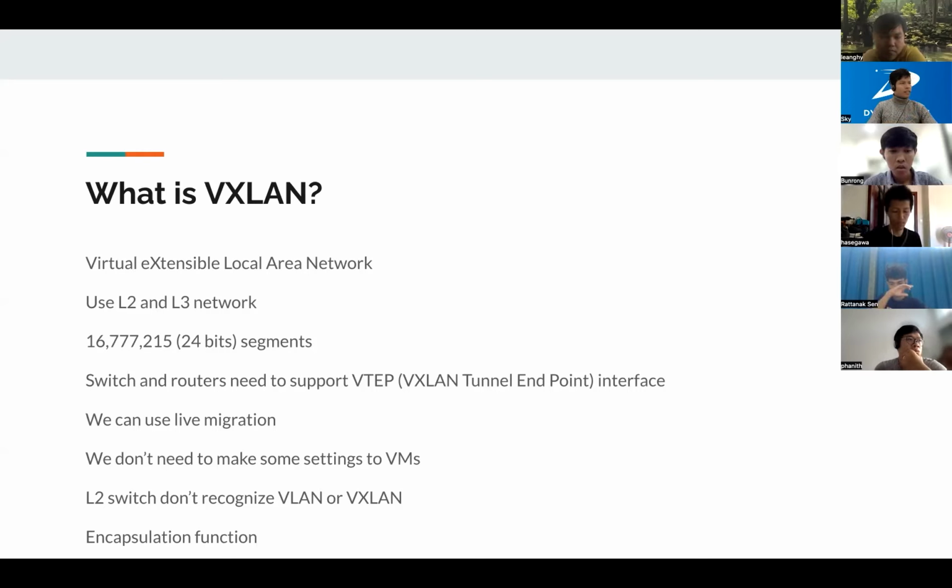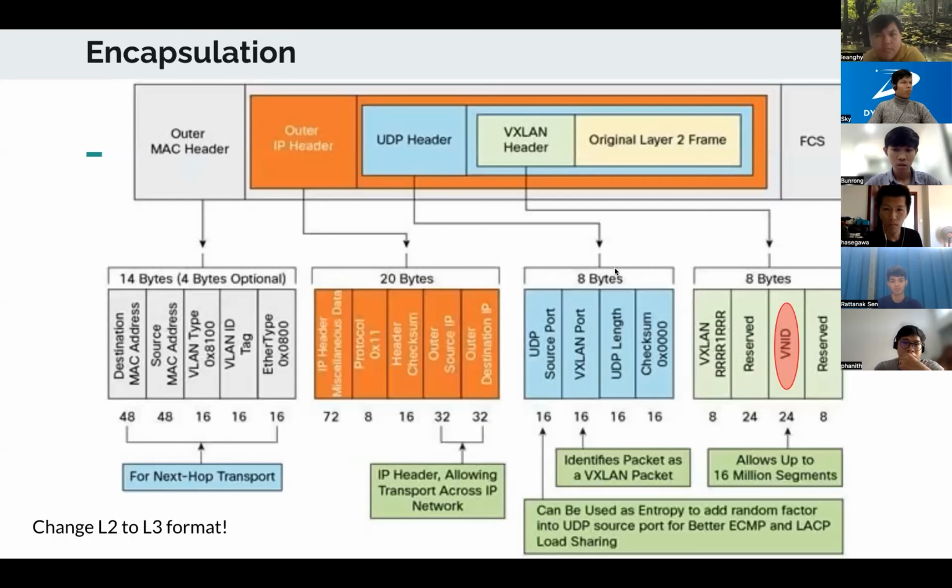Oh, I see. That is really huge, right? It's over 16 million, like 24-bit, I think, because it's a layer 3 switch, it uses IP addresses.